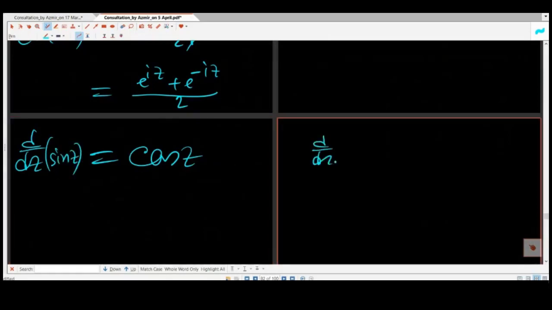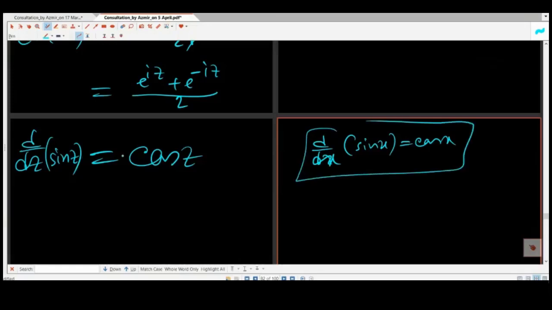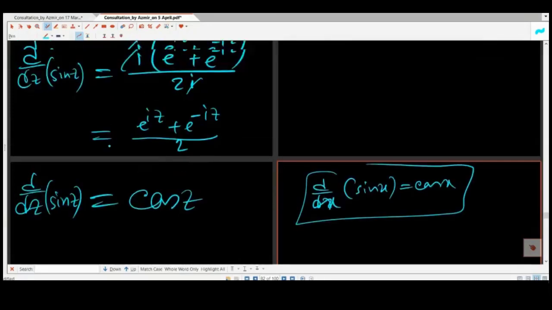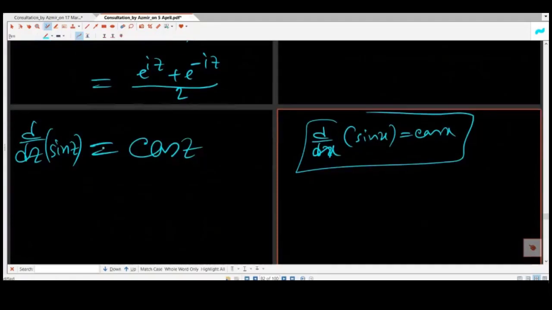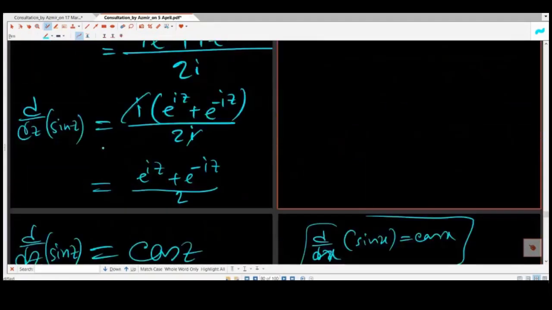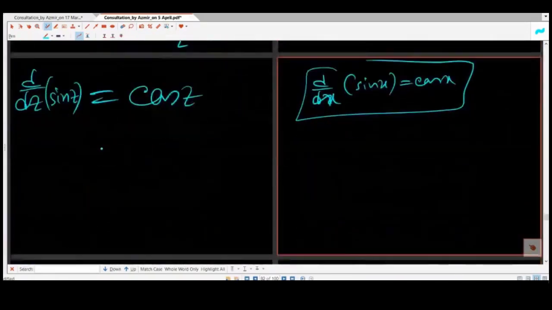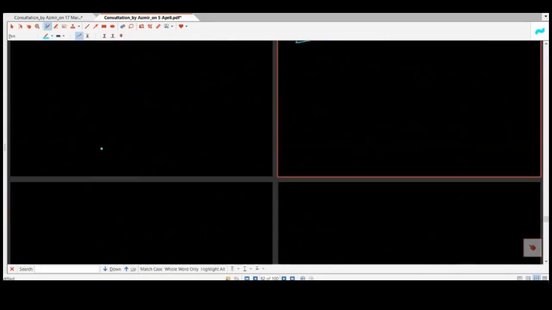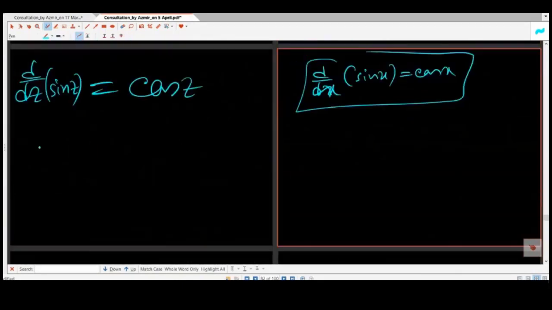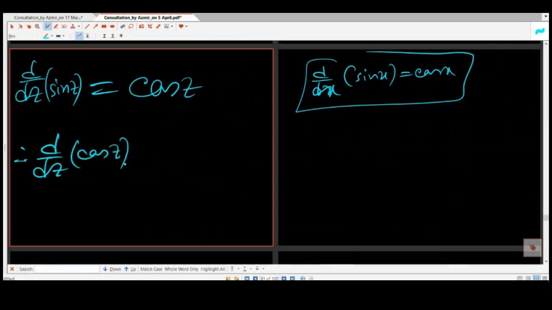Just like d/dx of sine x equals cosine x, we can say d/dz of sine z is cosine z. But the proof is different. The proof comes from the analytic function e^z. Similarly, we can show d/dz of cosine z equals minus sine z.